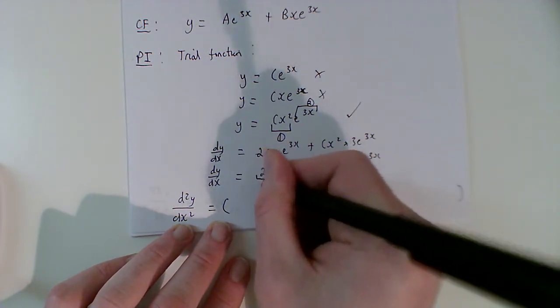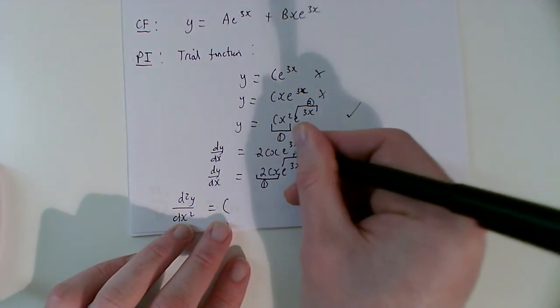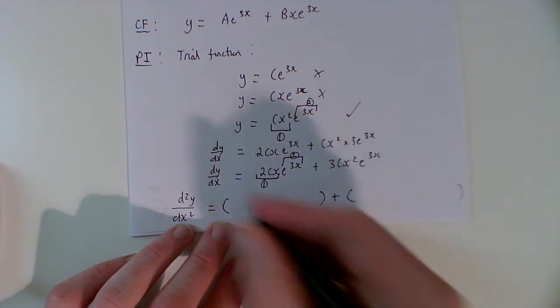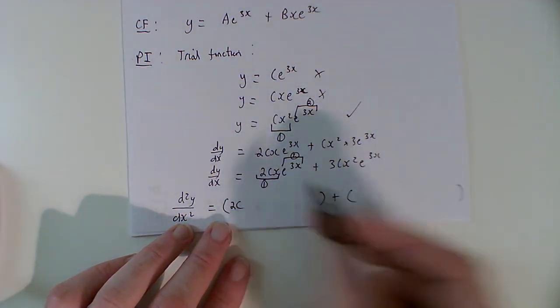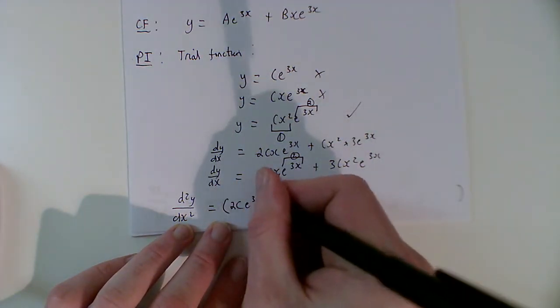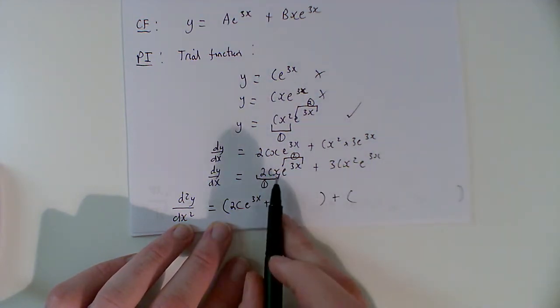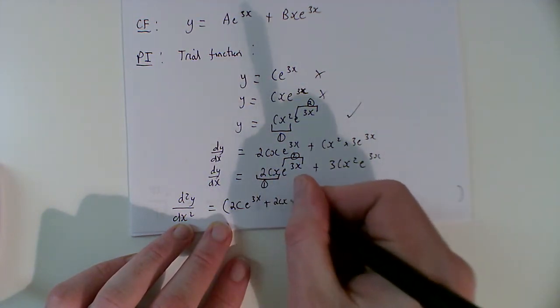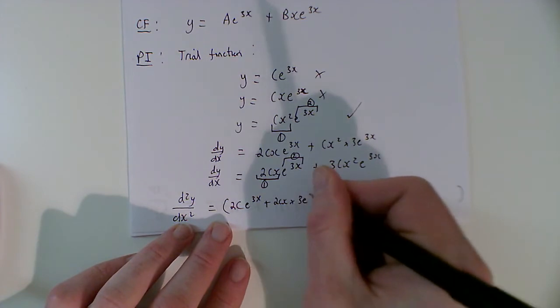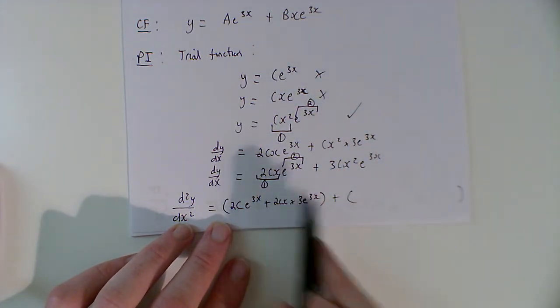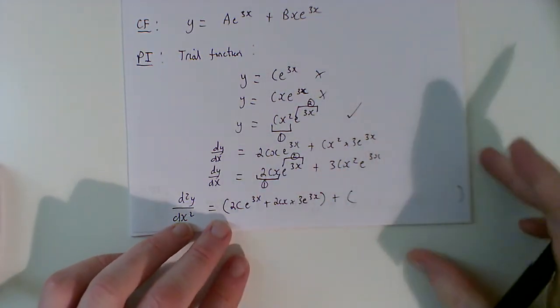So I'm going to consider that 1 and that 2. So differentiate that, 2c, leave that bit alone, e to the power of 3x plus, leave this bit alone, differentiate the second bit, which again is 3e to the power of 3x.